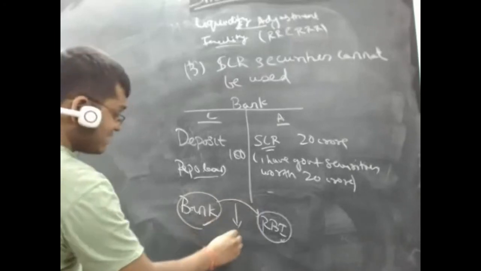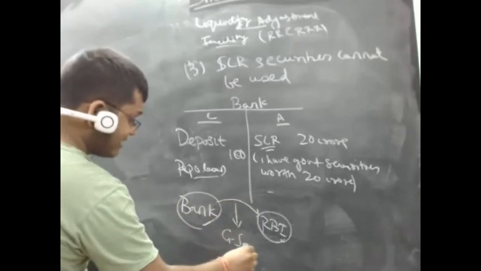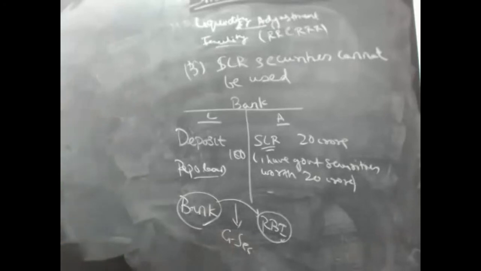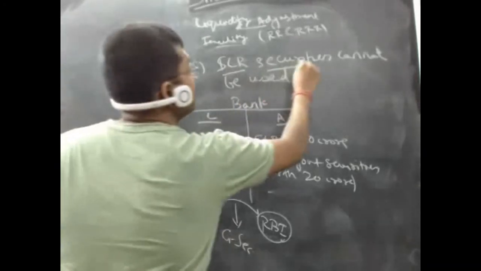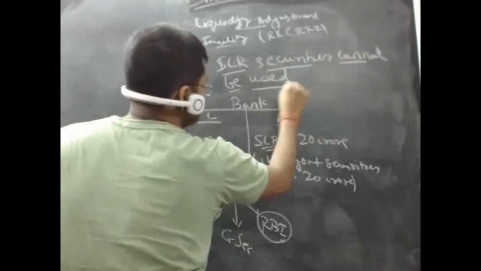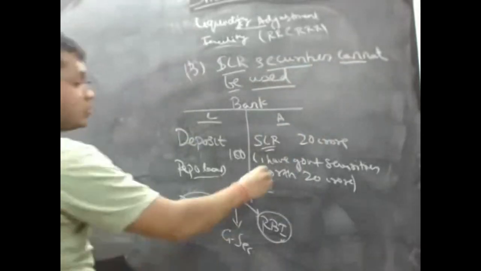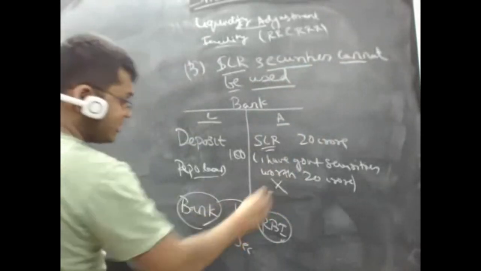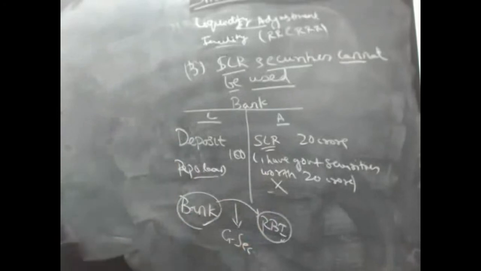Now the condition under the liquidity adjustment facility is that SLR securities cannot be used. This means you cannot use this security to take a repo loan.